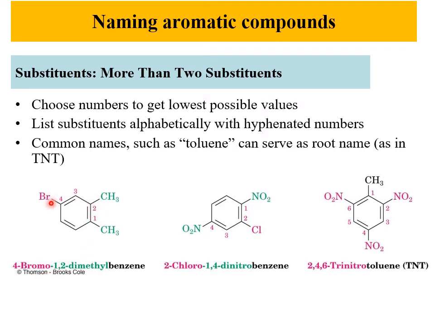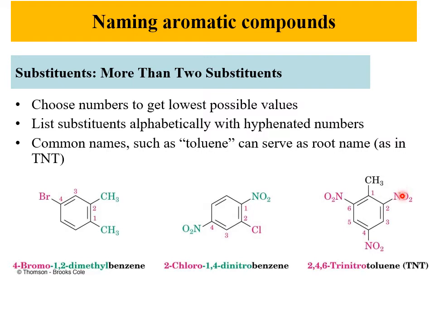You can try to put number 1 at Br and go clockwise. So you can have 1-bromo, 3,4-dimethyl, which will give you higher values compared to 4-bromo-1,2-dimethylbenzene.